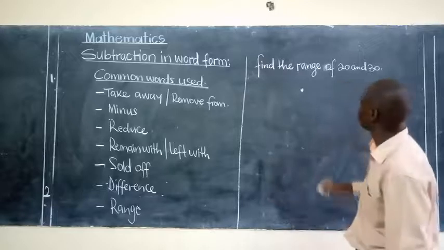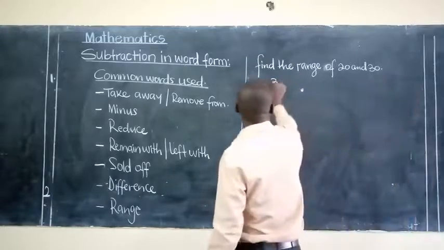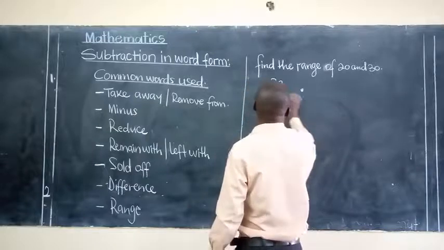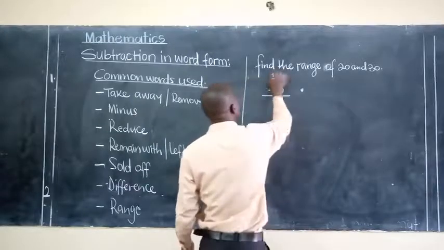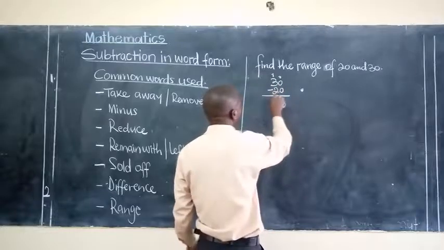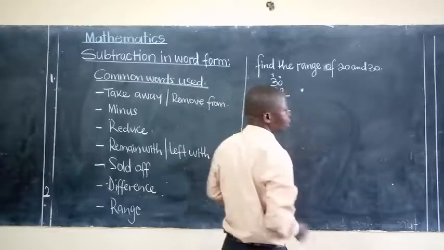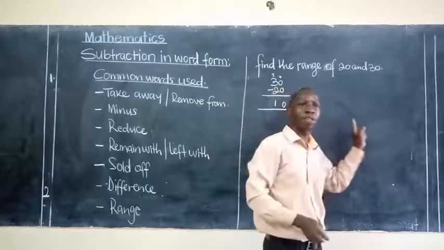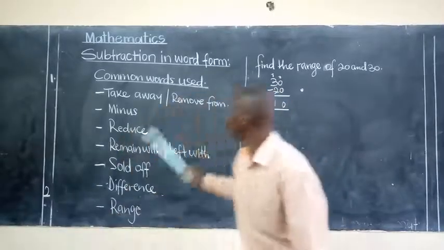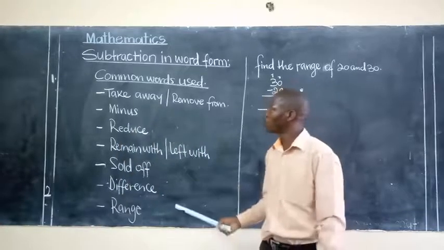So that means we get 30, and you take away 20, and our range is going to be 10. So range means subtraction. All these terms are commonly used in subtraction.